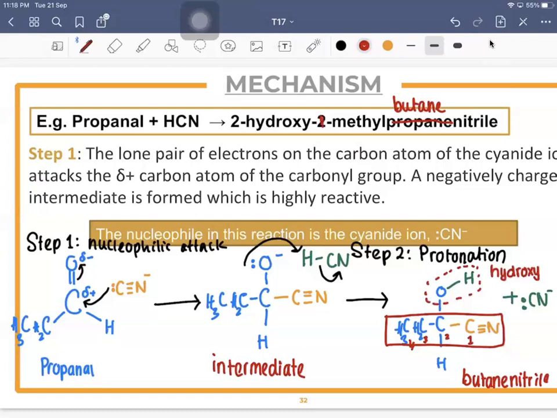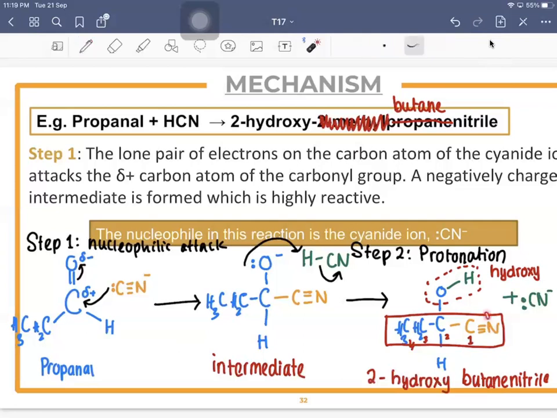My hydroxy group is on position number 2. So it's a 2-hydroxybutanenitrile. Yeah, correct. 2-hydroxybutanenitrile.